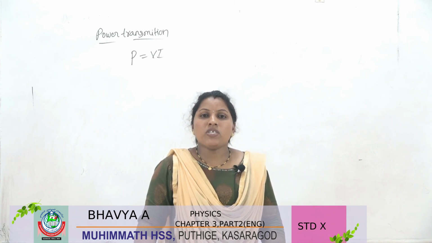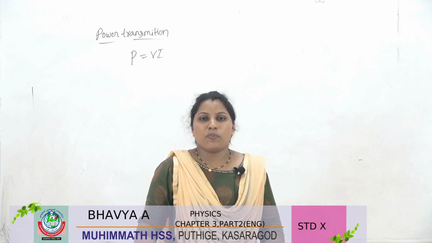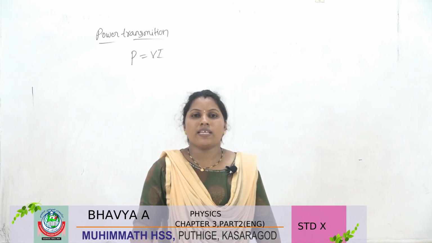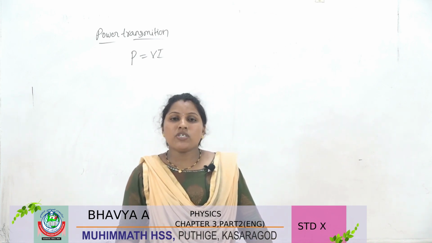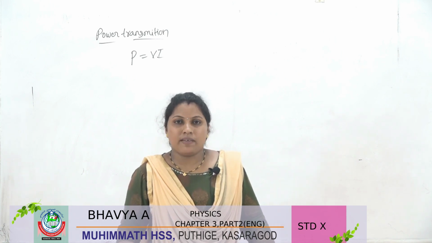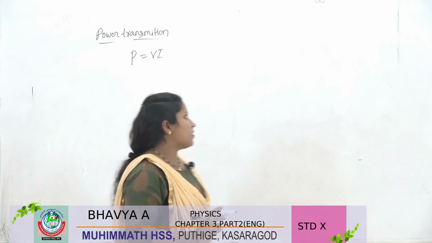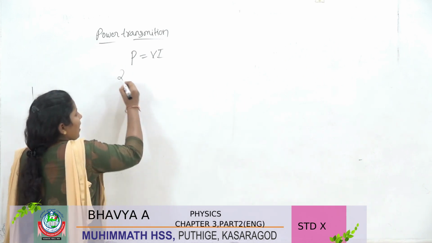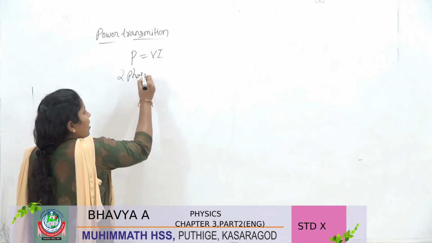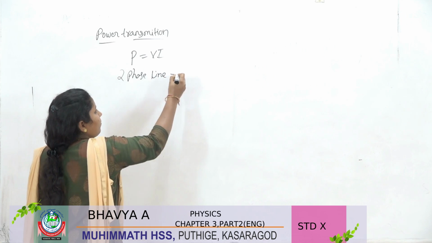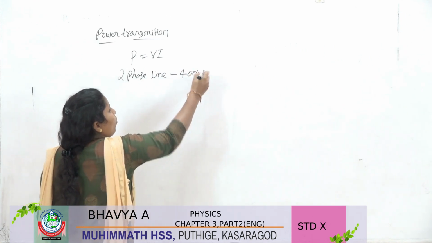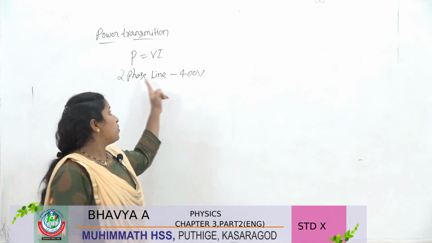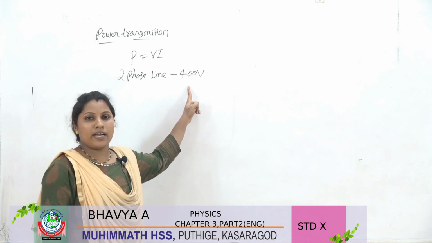The potential difference of the neutral line is 0. The potential difference between 2 phase lines is 400 volt.